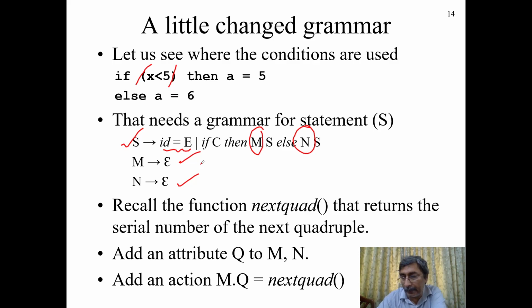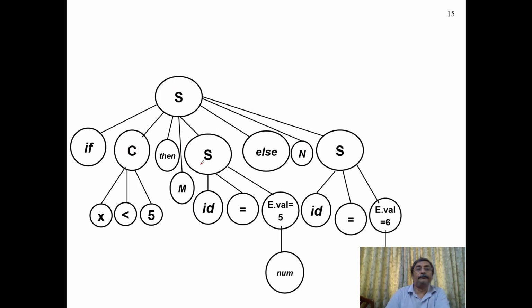Where should I go in case my condition is true? M.Q will remember, but it can write that out only when the proper reduction takes place. So let us redraw the first three for the same thing. You see, this is almost the same thing.